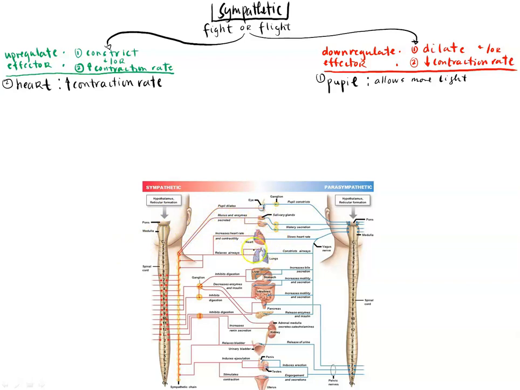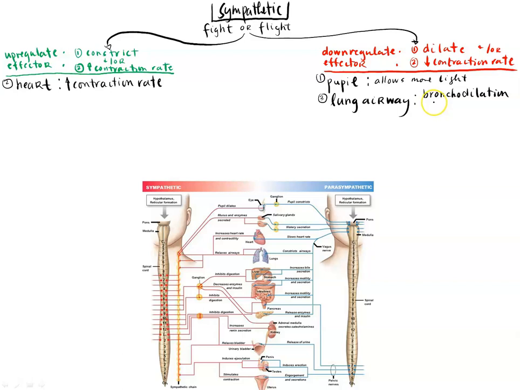Now let's talk about the lungs. And when I talk about the lungs, this is number 3, I'm going to talk about the lung airways. In the lung airways, there's smooth muscle there. And so if I dilate, this is going to allow me to do a process called bronchodilation.